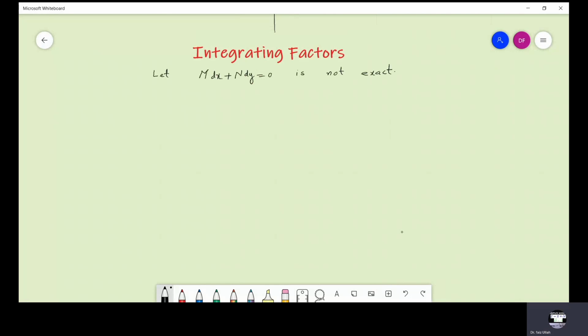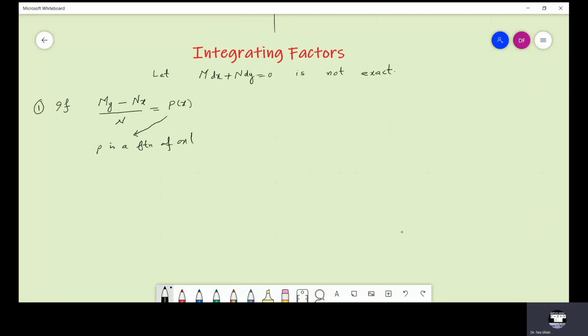To find the integrating factor, let us study rule number 1. Rule number 1 is if (M_y minus N_x) divided by N is equal to p of x. P of x means it is a function of x only.